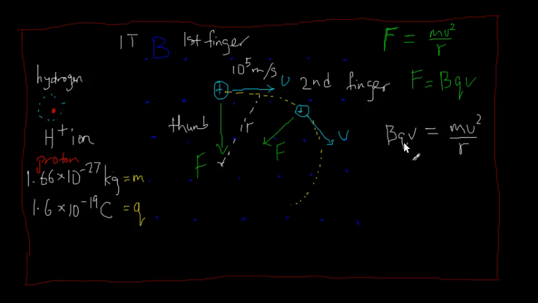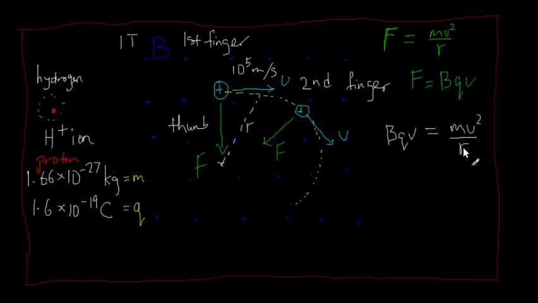We know that Q, the charge of the proton, is this value, the same size as the charge of an electron. We know V is this 100,000 meters per second. We know M, the mass of the proton, as well. So we know all the other quantities and we want to find R. So it should be possible.